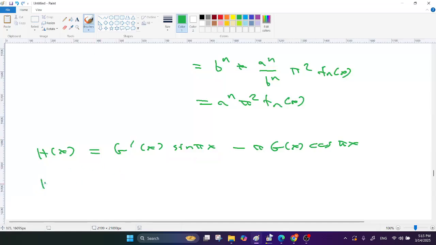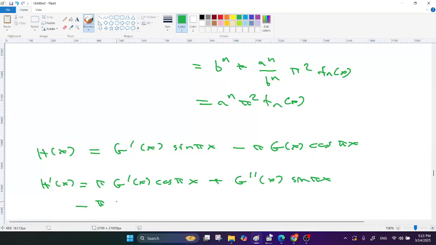Let's start. h'(x) equals π g'(x) cos(πx), using the chain rule for sin(πx). Now let's continue the product rule. Plus g''(x) sin(πx). Now the other term, minus: differentiate g(x) first.